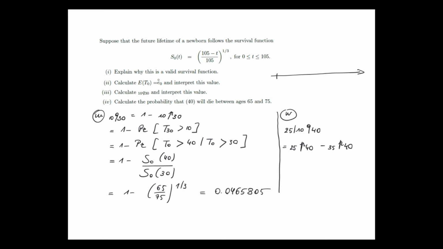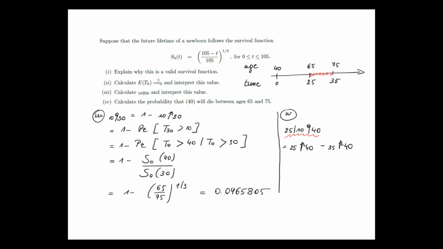So if you want to sketch that on a timeline, you can do it as follows. So we're looking at somebody who's 40 years old at time 0. So this is time and here is age. And we want to know what's the probability that you die between age 65 and age 75. So that's between time point 25 and 35, right? So I want to know what's the probability to die here in between. That's the probability that I'm looking at.